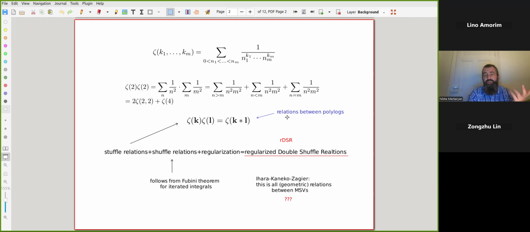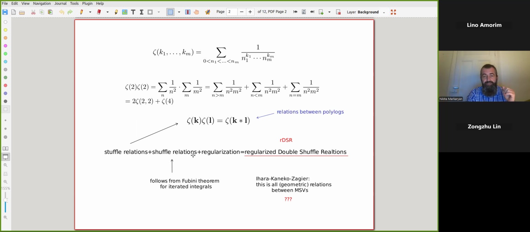In fact, this relation holds not only for multiple zeta values but also for polylogarithmic functions. The polylogarithmic function is a solution of our differential equation, and multiple zeta values are the values of this function at 1. So these relations, called stuffle relations, hold not just for numbers but for these functions. But that's not so important. So there are the stuffle relations, these ones. There is another set of relations, called shuffle relations. It essentially says that the Drinfeld associator is a group-like element, and that follows immediately from Fubini's theorem for iterated integrals.